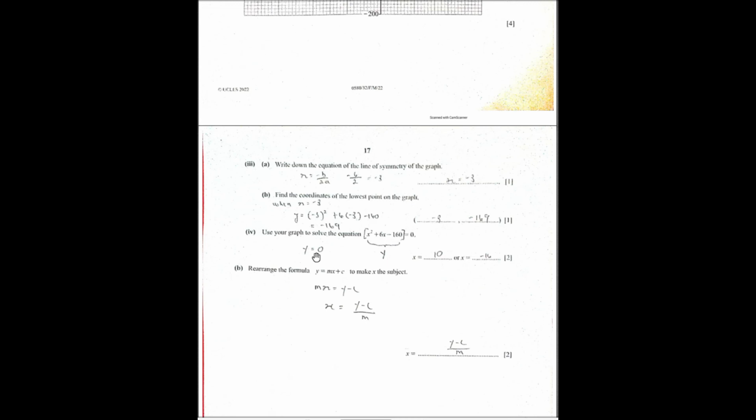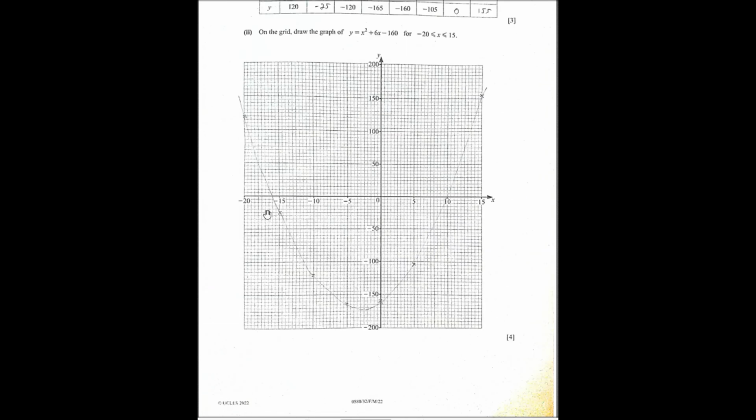So we have a new equation that forms, which is y is equal to 0. So draw your line, which is y is equal to 0, which is simply your x-axis. So now we need to find out where the intersection points of the graph and this line are.